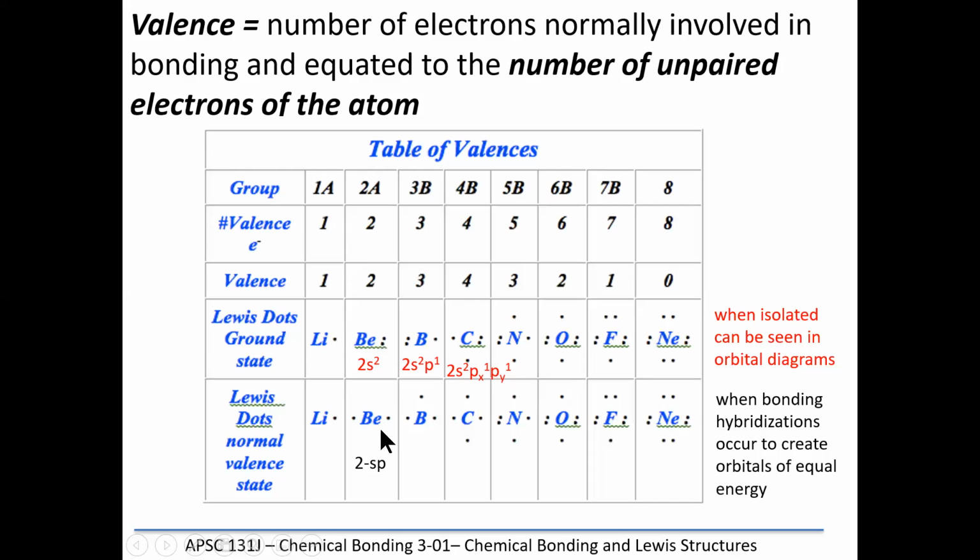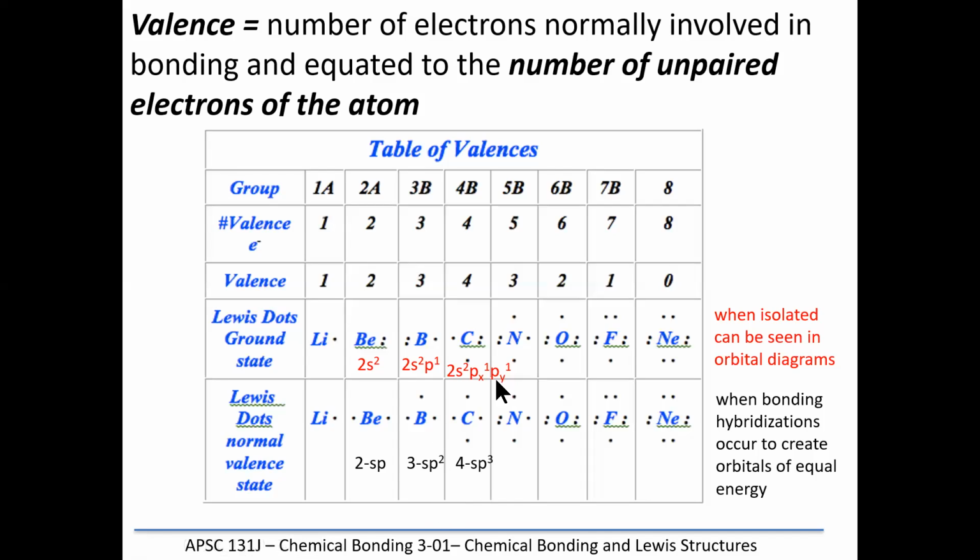So in this case, we can hybridize this s orbital in the second energy level with a p orbital, and we get an sp hybrid. So we get 2 sp hybrid orbitals for beryllium. For boron, we can hybridize 2 of the p orbitals and 1 s orbital. So in the second energy level, we get 3 sp2 hybrid orbitals that all have the same amount of energy in boron.